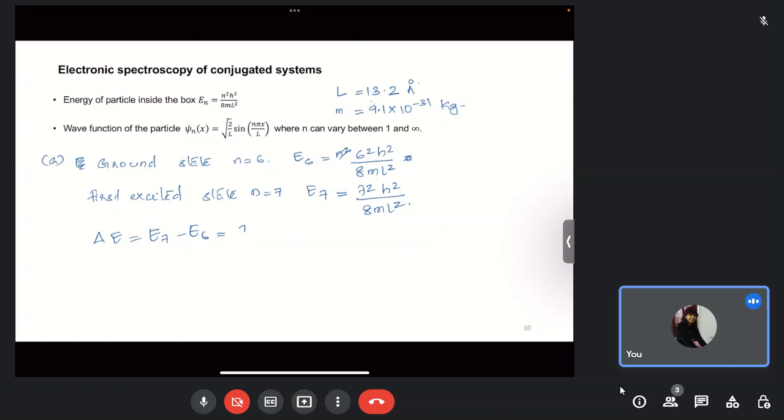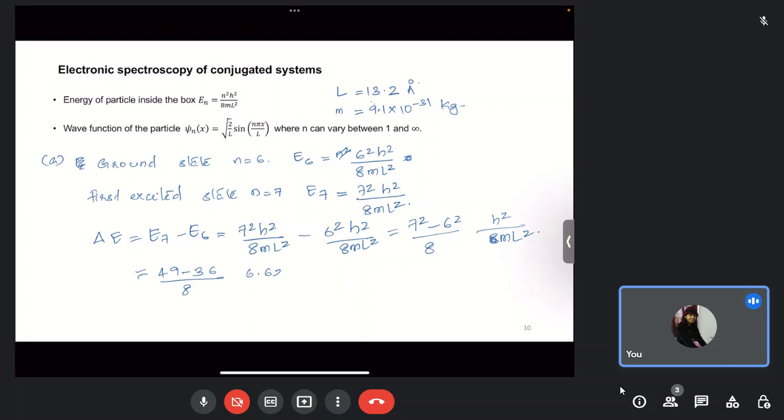That's 7 square h square by 8 m L square minus 6 square h square by 8 m L square. So this is 7 square minus 6 square, by 8, times h square by m L square. So this is 49 minus 36 divided by 8.